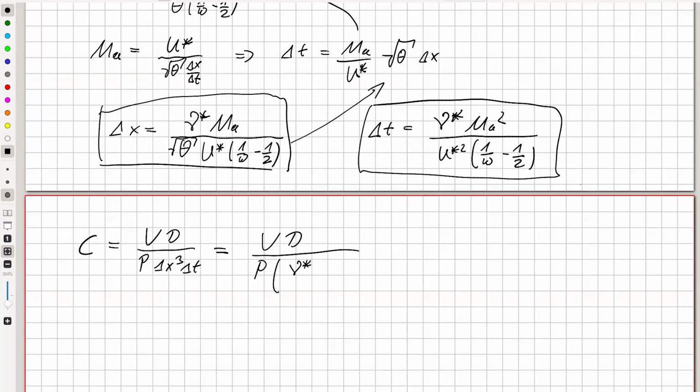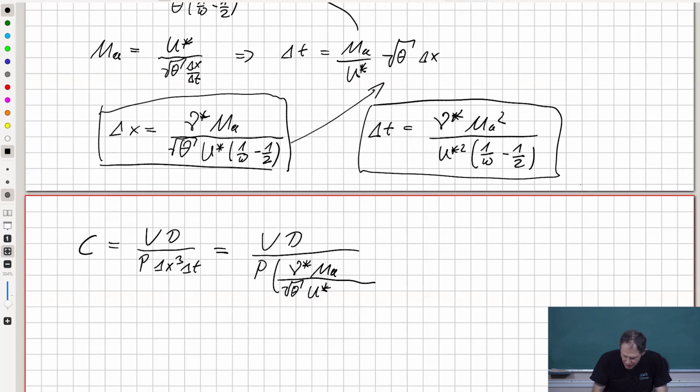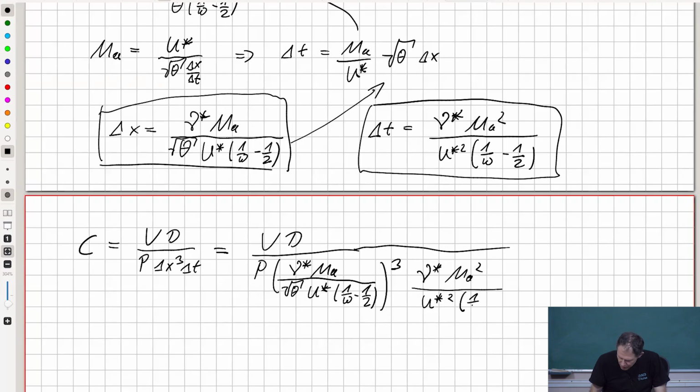So there's this viscosity times Mach number, the square root of theta, we have velocity, and we have 1 over omega minus 1/2. And all of this goes to the third power. And then in addition we have this here. So this is the viscosity times the Mach number squared by u squared, 1 over omega minus 1/2.